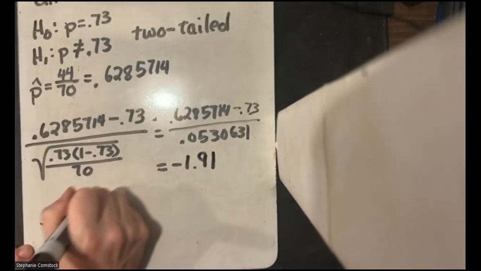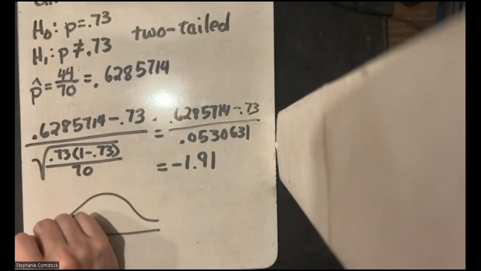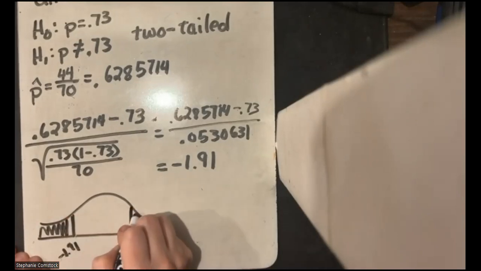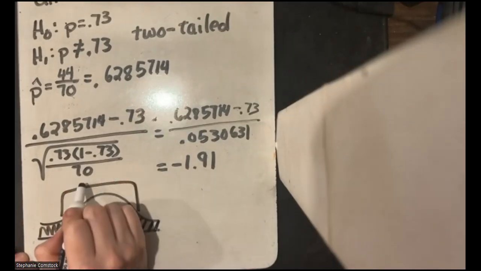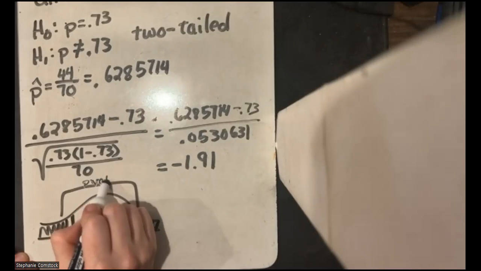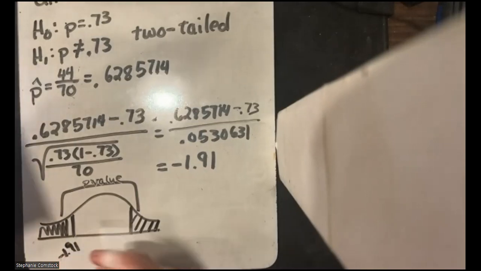Now, because this is two-tailed, taking a look at a picture, my mark line is here. So this is where negative 1.91 is. So I'm going to find the area to the left, but I have to mirror match that up here. This total will be my p-value. Okay, so if I go look on my chart at negative 1.9, and 1, I get 0.0281.